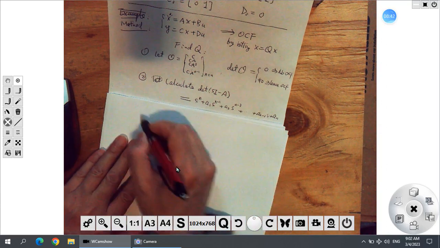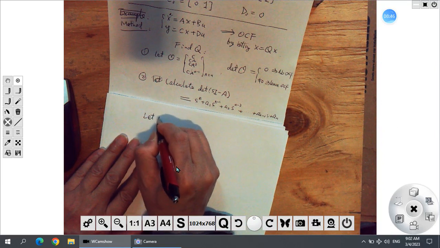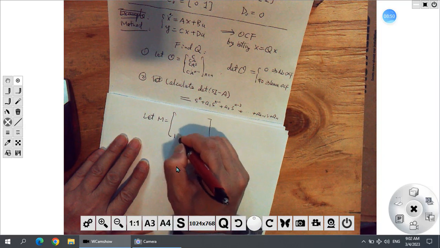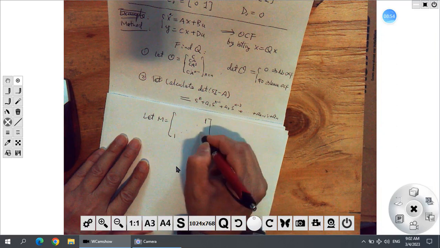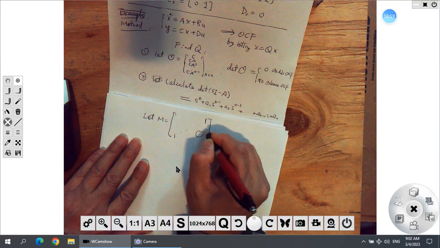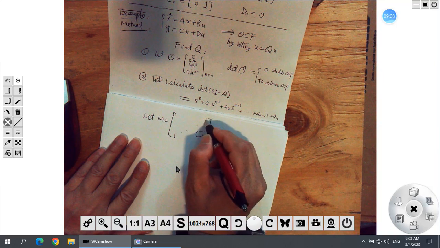Now I let M equal to this matrix. Along this line they are ones, and below this, the lower triangular elements are zeros. In this part, we give the first row firstly.